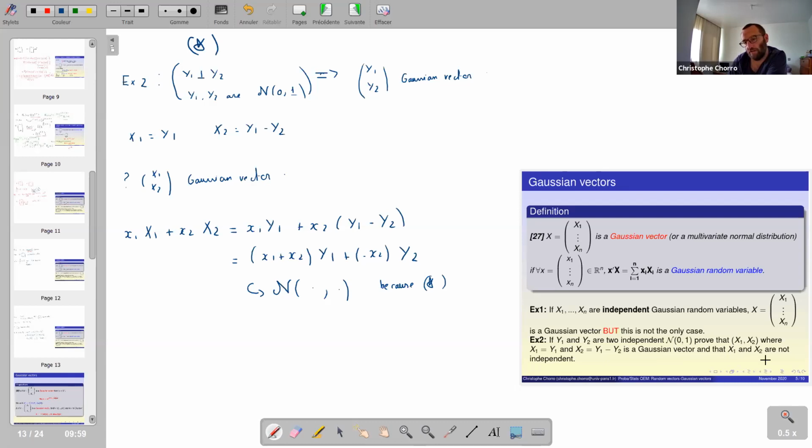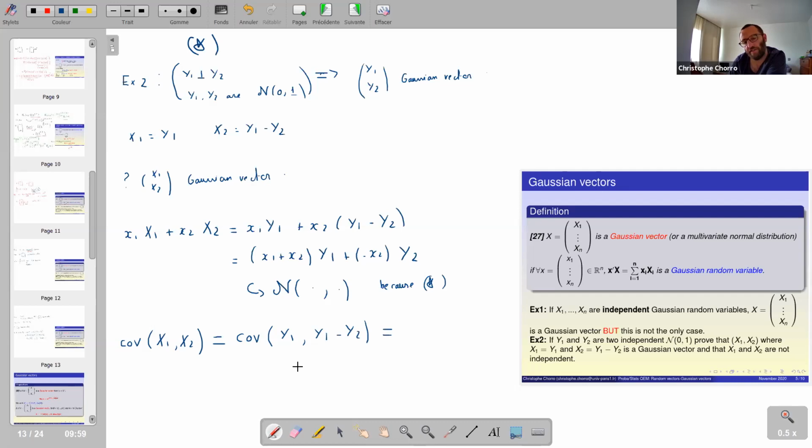And I have to prove that they are not independent, in order to show you an example of a Gaussian vector where I don't have independence between the random variables. So I have to prove that X1 and X2 are not independent. I can try to compute, for example, the covariance between X1 and X2. It's just the covariance between y1 and y1 minus y2.